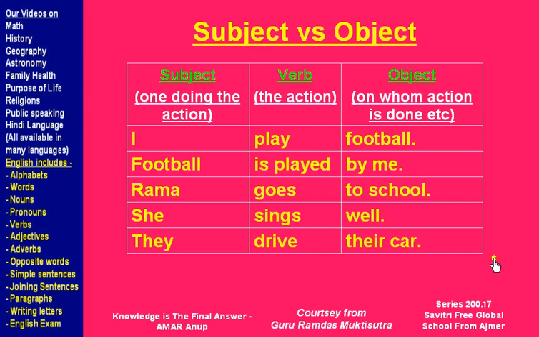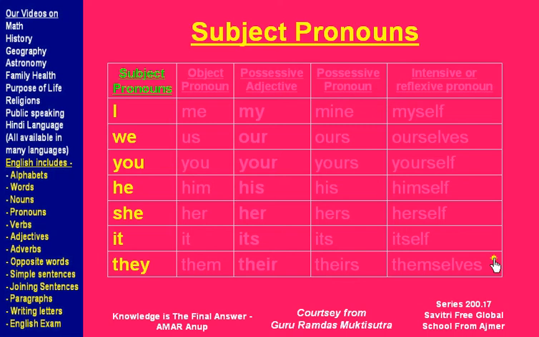Why I talked about subject and object here in pronoun will be clear when we talk about subject and object pronouns. Repeat after me. This is the list of subject pronouns. So repeat after me. I, we, you, he, she, it, they.